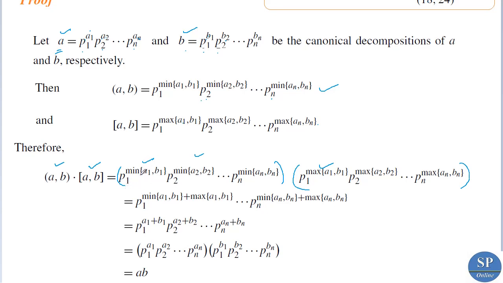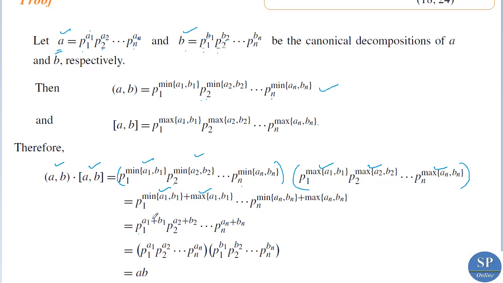So p1 power minimum of this plus maximum of this into p2 power minimum of a2 b2 plus maximum of a2 b2, etc., into pn power minimum of an bn plus maximum of an bn. Now this is nothing but p1 power a1 plus b1, because minimum of a1 b1 plus maximum of a1 b1 is equal to a1 plus b1. If a1 is the minimum, then b1 will be the maximum.